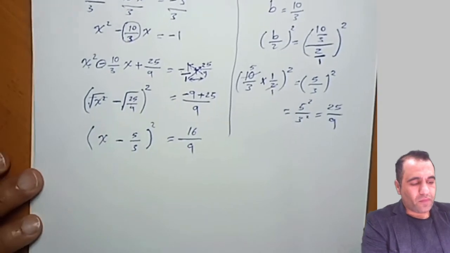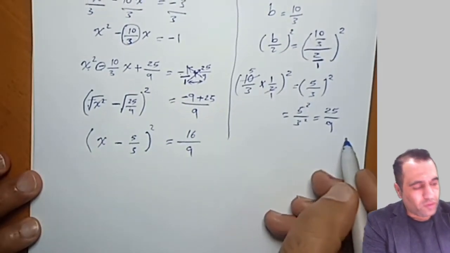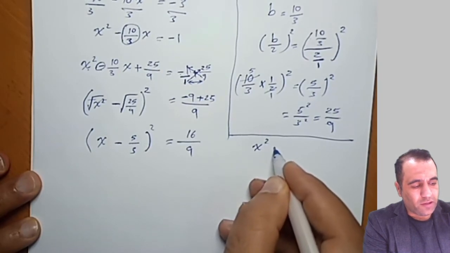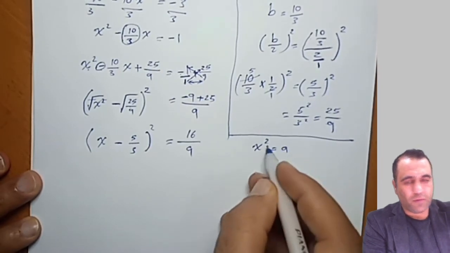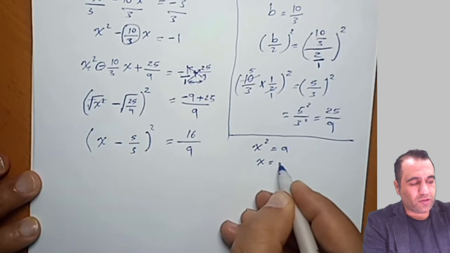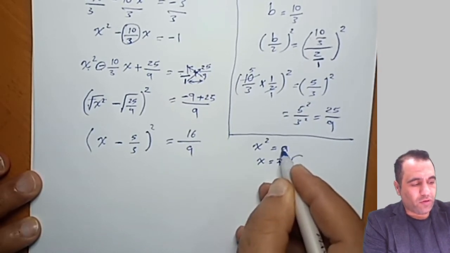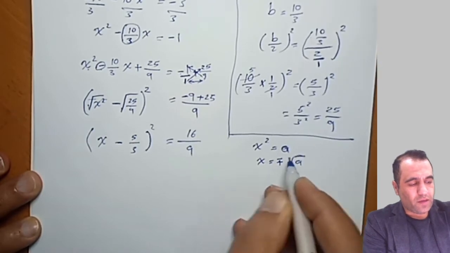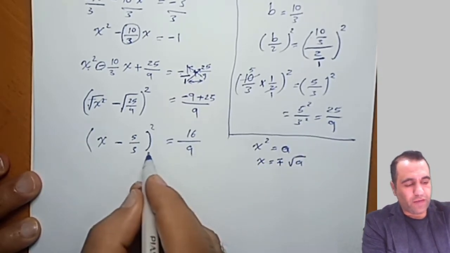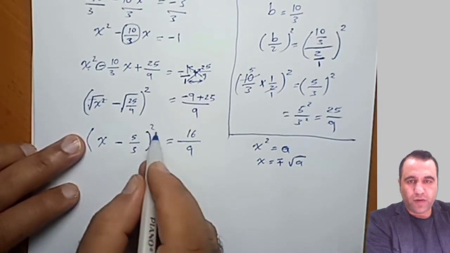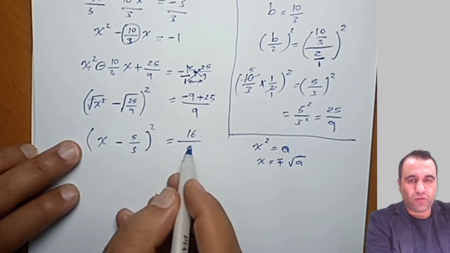Now, by this rule, if we have x squared equal to a positive number, x is equal to positive or negative the square root of that number. Here the bracket is squared but equal to a positive number.